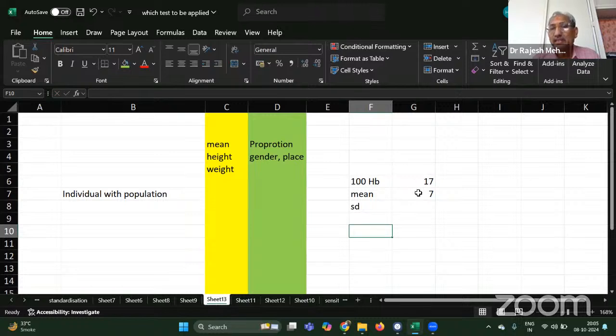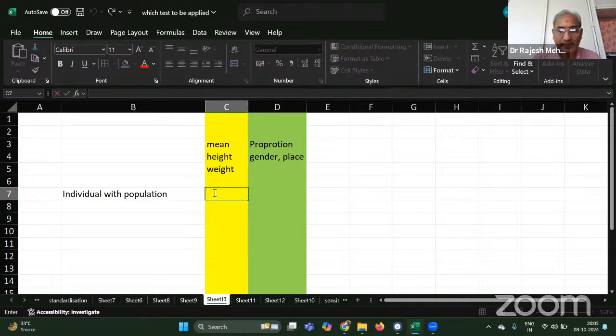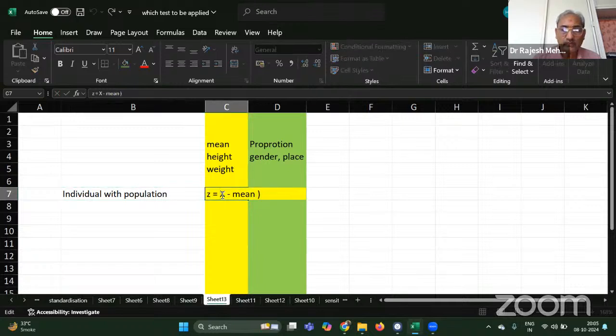Then you can find out whether these people belong to the group or not. So in such cases, we use the Z test, in which Z is equal to observation X minus x bar, divided by standard deviation.